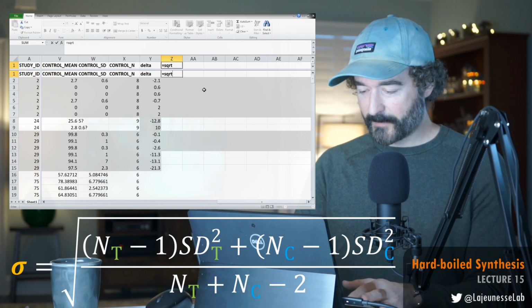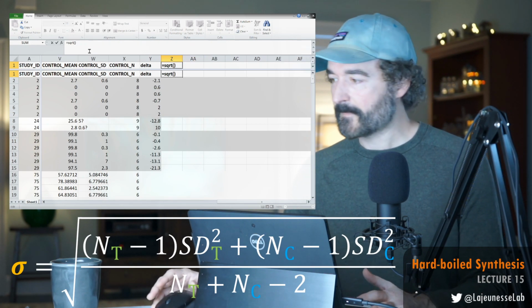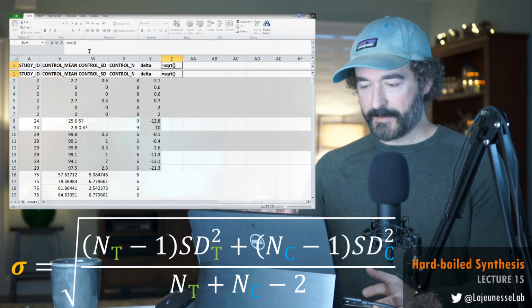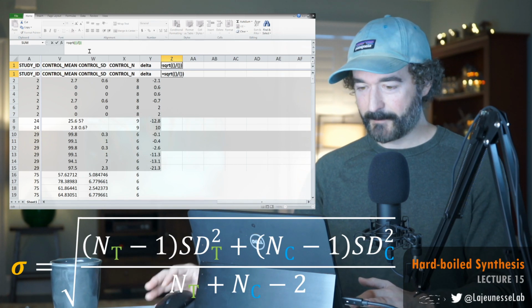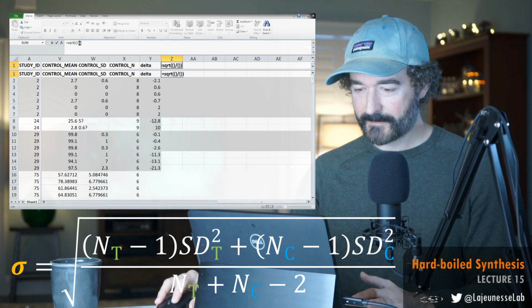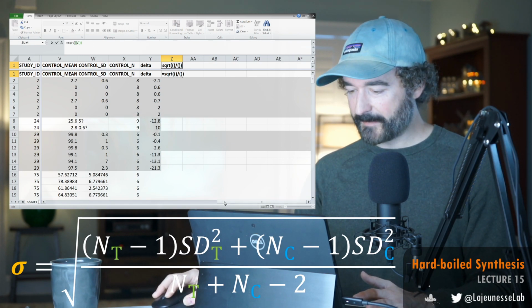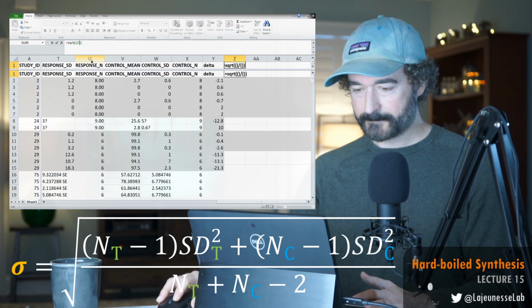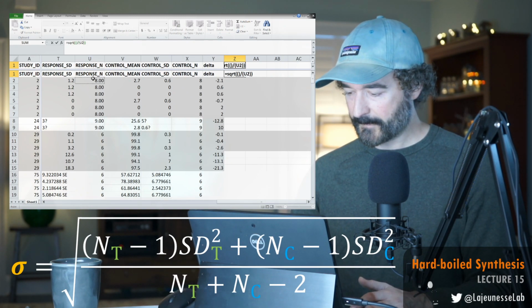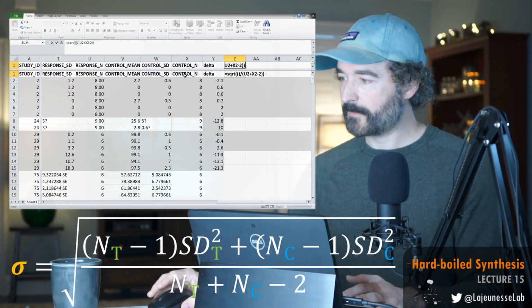We start off with the square root. And then there is a division between the two. It's divided by the degrees of freedom, minus 2.